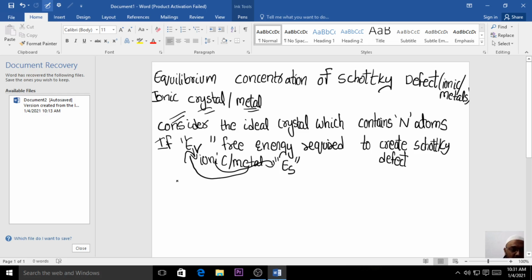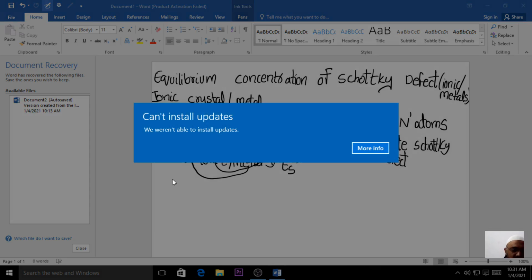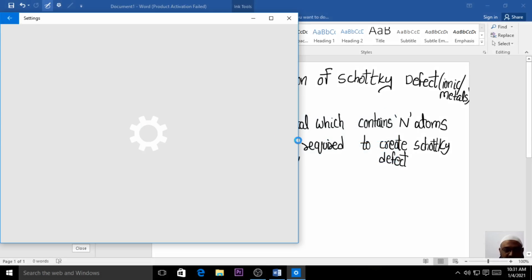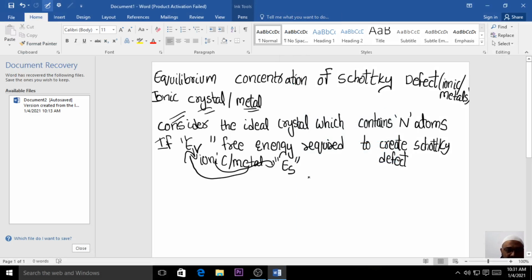The next important aspect is that in today's session we'll have a general talk about the Schottky imperfection or Schottky defect, in both ionic crystals and metals. In the examination they will ask you either metal or ionic.